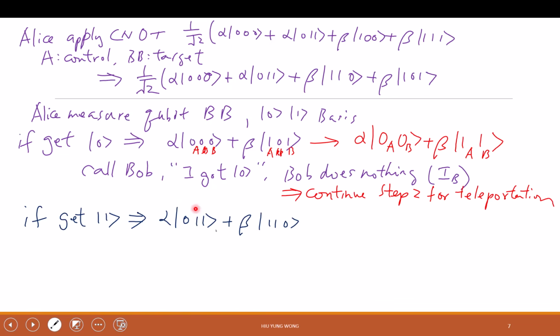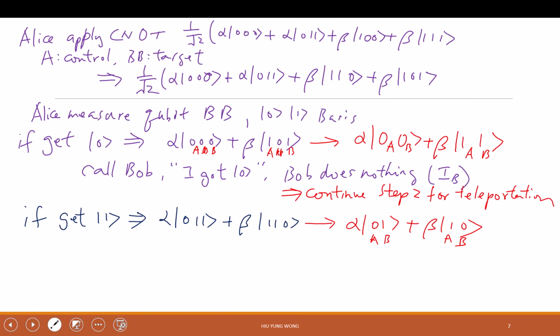Again, it's difficult to see in this arrangement, but I can always swap them, because it doesn't matter how I label them, right? So that means now I have alpha 01 plus beta 10. Again, this is A, this is B, this is A, this is B. Is this what we want? We want alpha 00 plus beta 11, right? Then they won't say I give up. What would they do? Can you guess?